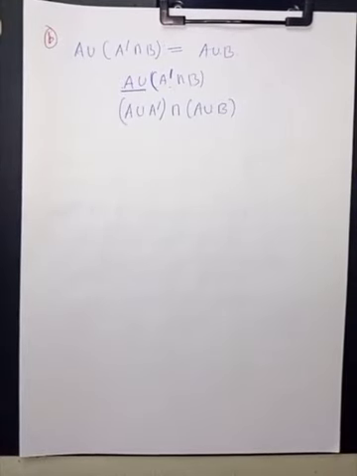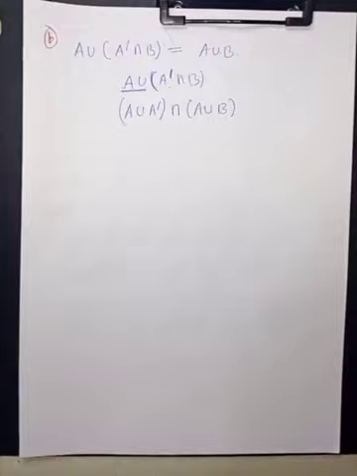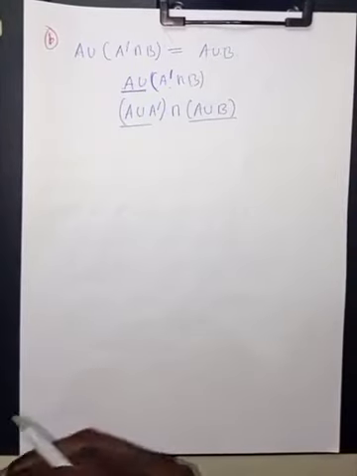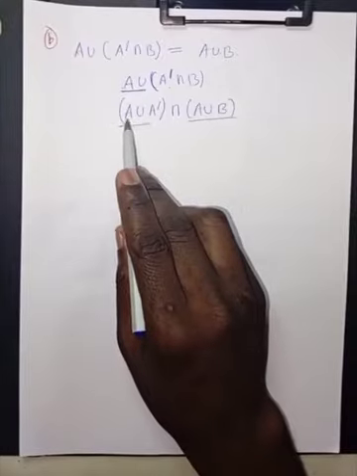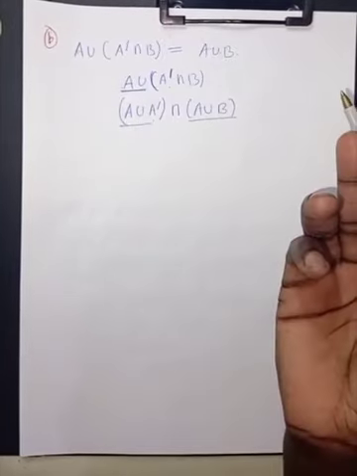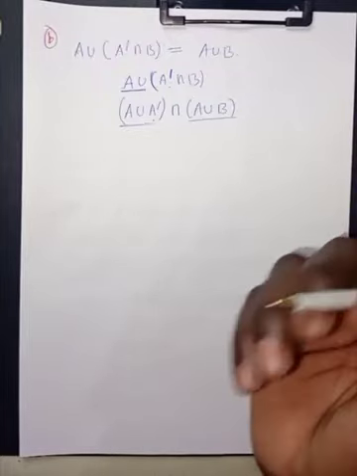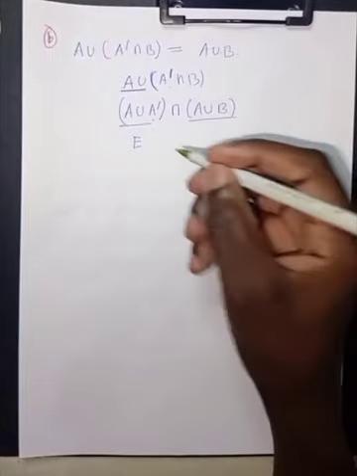Then we ask ourselves, do we have any part where we can apply a property between this part and this part, where a property can help us to simplify that part? Of course, yes. If you say A union A complement, what's the answer? It's basically the universal set from the property that we discussed.